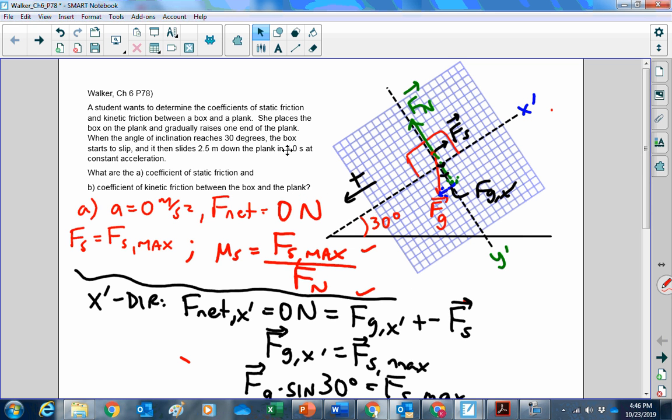You would use these two pieces of information to solve for a x prime, and then write a new equation for F net x prime, where now we've got Fk, and the net force is no longer 0. Now it's going to be mass times acceleration. So see if you can solve that one.